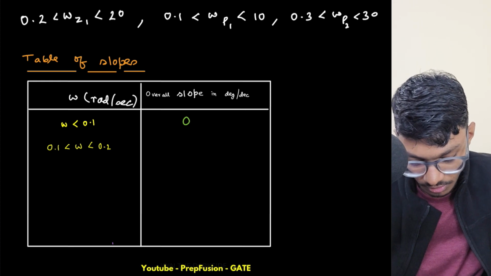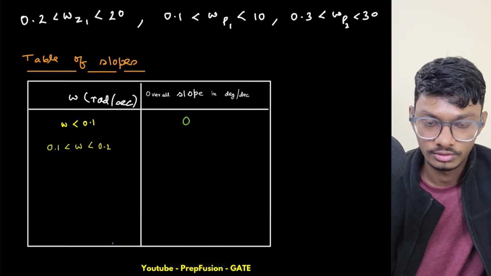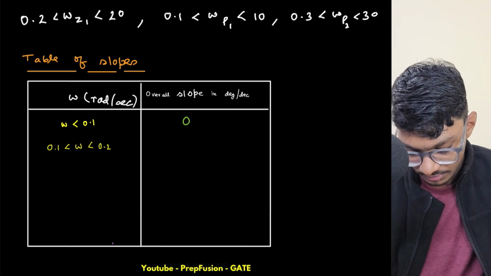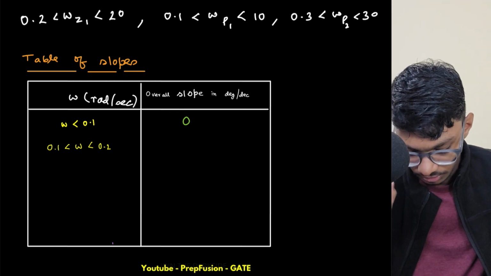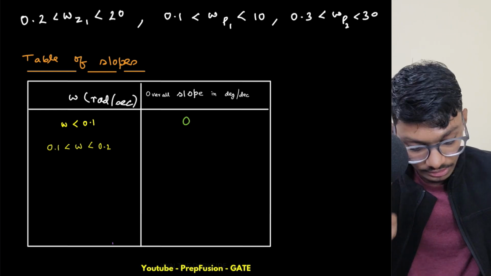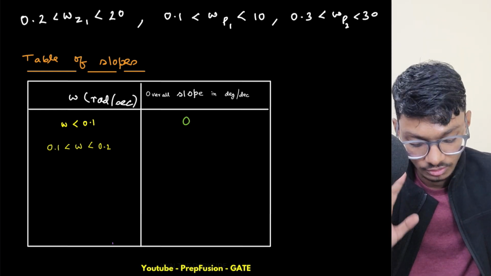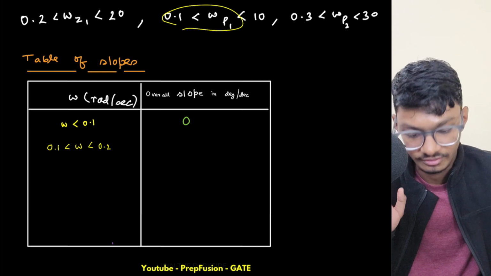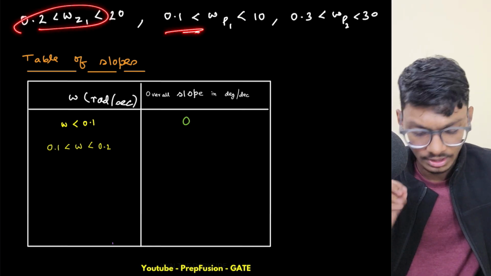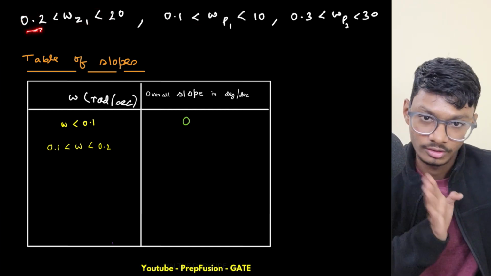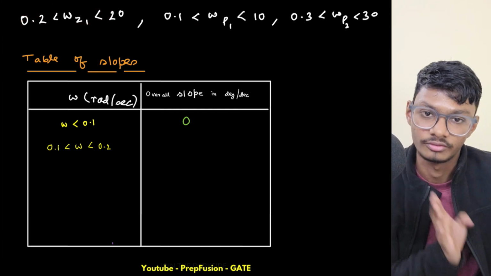Now what about the overall slope? The overall slope will be what? Now whose effect is coming into effect? This pole has just come into effect because the range I'm lying in is greater than 0.1. But this zero hasn't come into effect because after 0.2 it will come into effect, and this one will come into effect after 0.3.